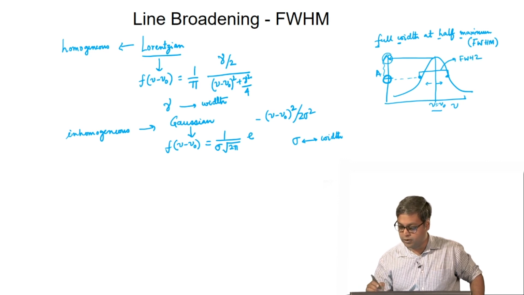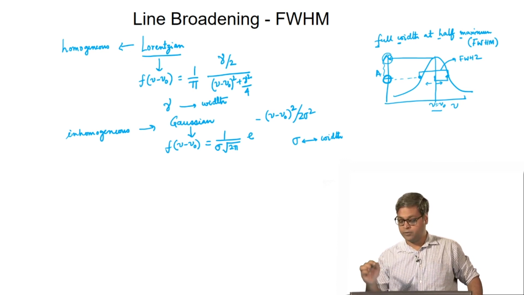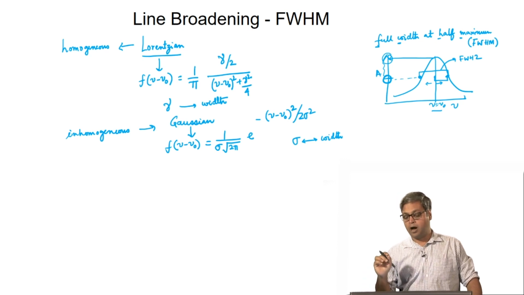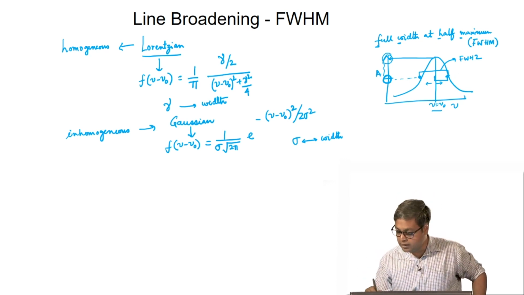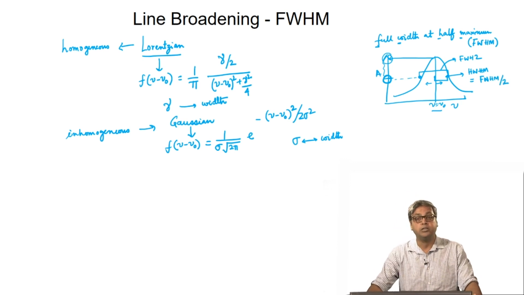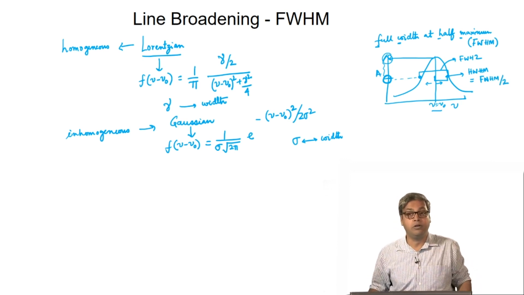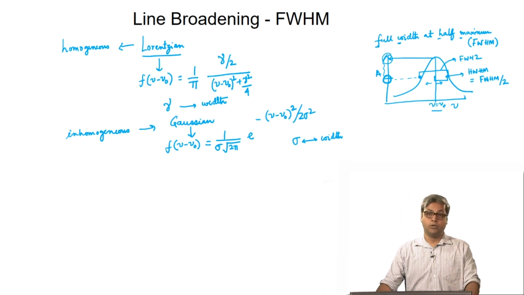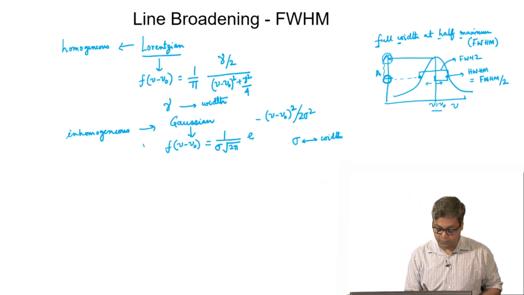Now, instead of taking this frequency difference, if we take the frequency difference between nu 0 and one of these frequencies which has half the maximum absorbance, then that is given by the half width at half maximum, and because the spectrum is symmetric, half width at half maximum equals full width at half maximum divided by 2. So, if the functional form of the line shape is known, we can find the functional form of the full width at half maximum. Let us look into the Gaussian functional form.